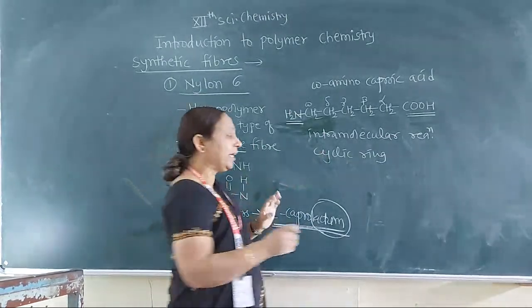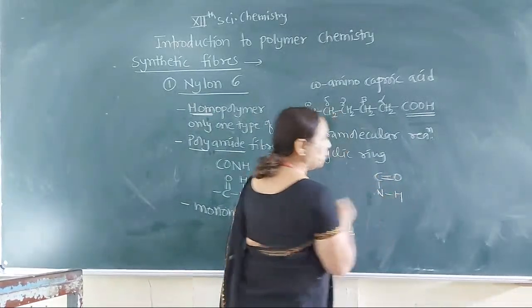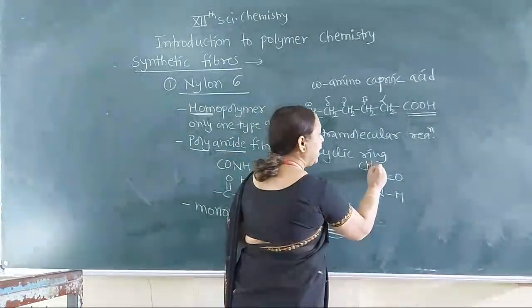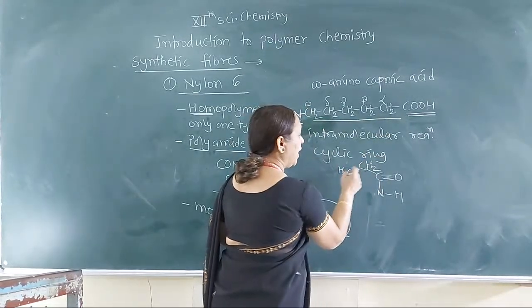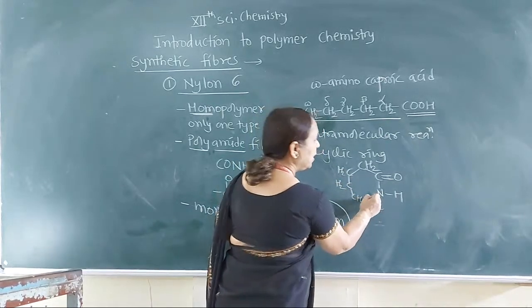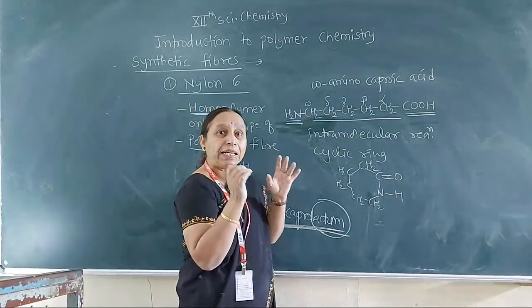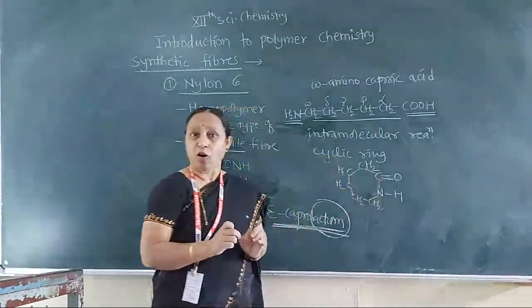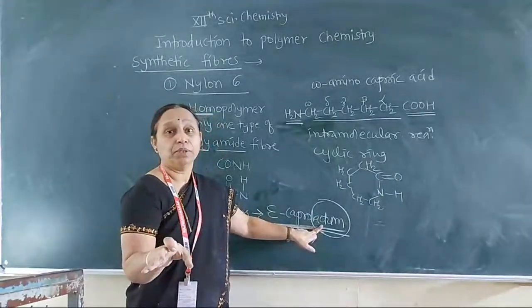This cyclic ring contains CO and NH groups, and in between these CO and NH, 5 methylene groups are present, 1, 2, 3, 4, 5. Thus, when amino and carboxyl groups react intramolecularly, a cyclic ring is formed, and this is known as lactam.